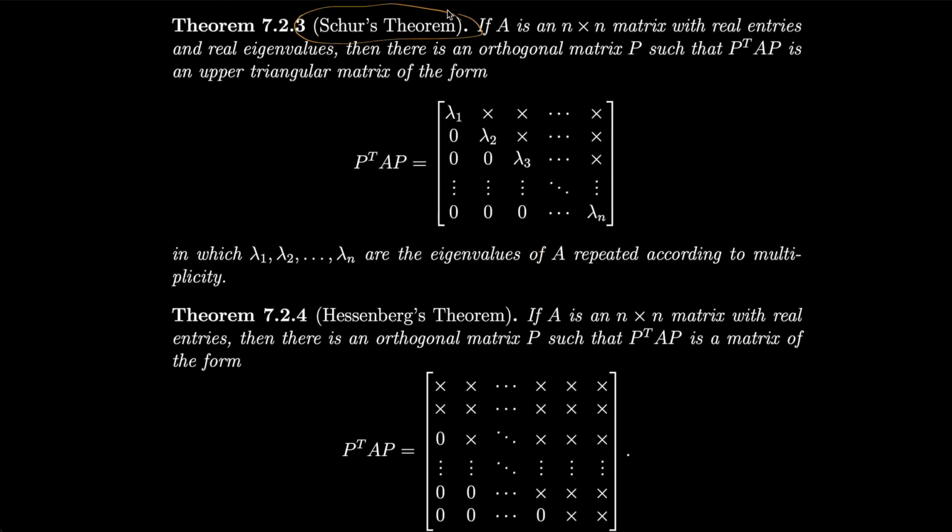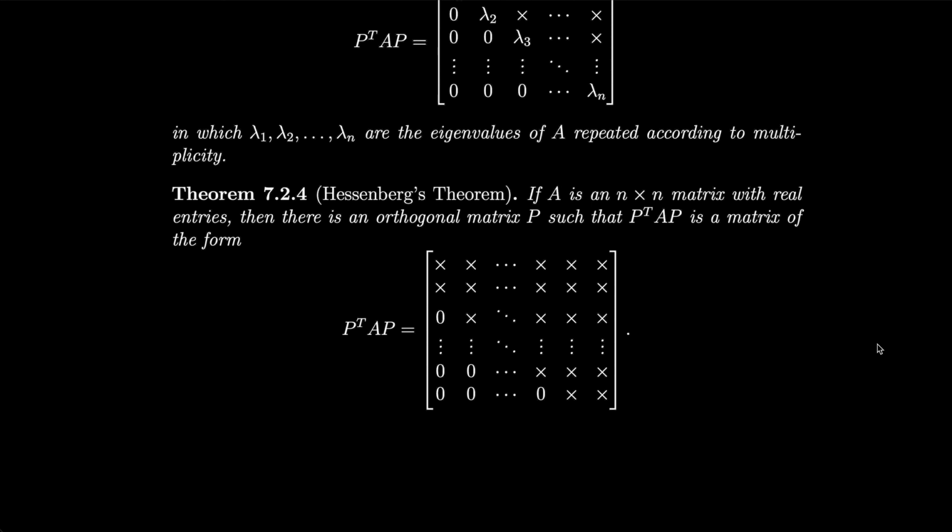So that's Schur's theorem. We also have Hessenberg's theorem that if A is an n by n matrix with real entries, then there is an orthogonal matrix P such that P transpose AP is a matrix of this form, where entries below the diagonal are all 0.